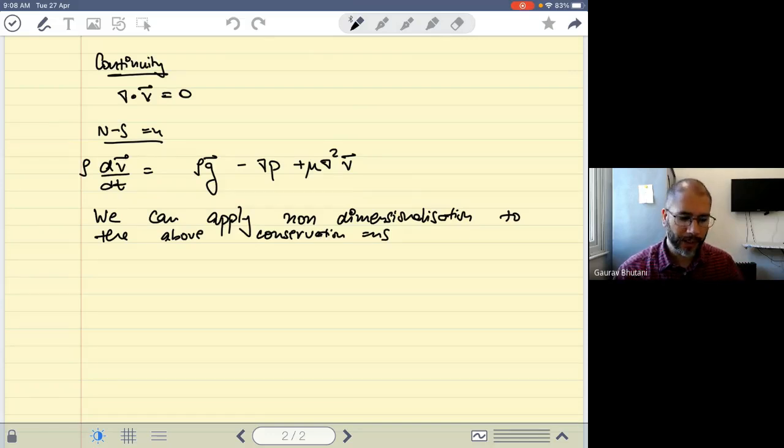For solving, we still need to use the mathematical tools for solving PDEs or computational methods. But what this idea does is it returns or it spits out the key non-dimensional parameters for a given problem.